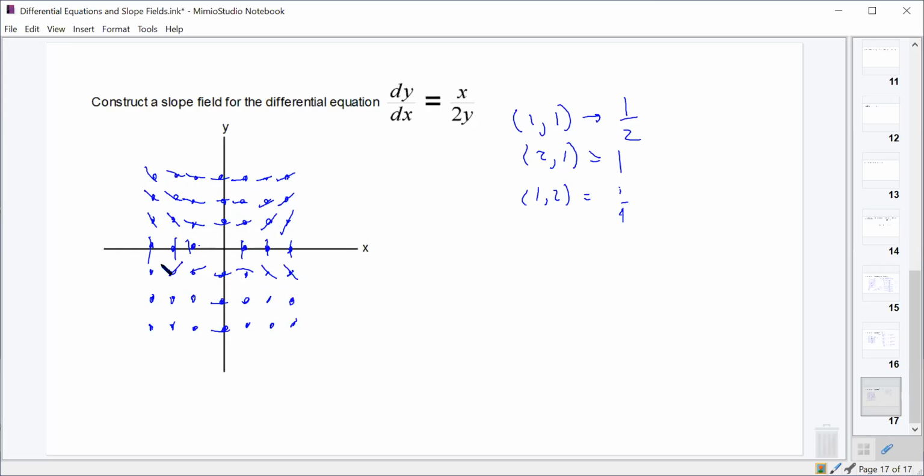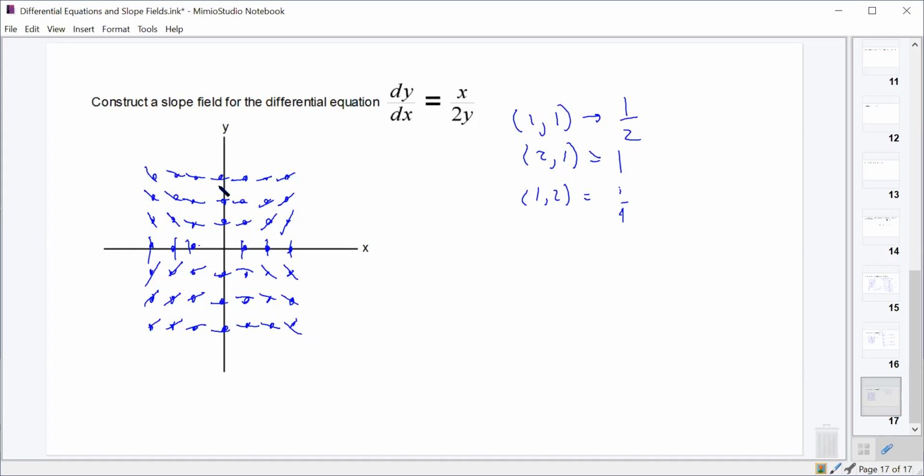And with these, we had negatives here, so these ones should be positives. It should just repeat itself. Once you get one quadrant done, it should be pretty easy to get the rest of the quadrants. Everybody good with that?